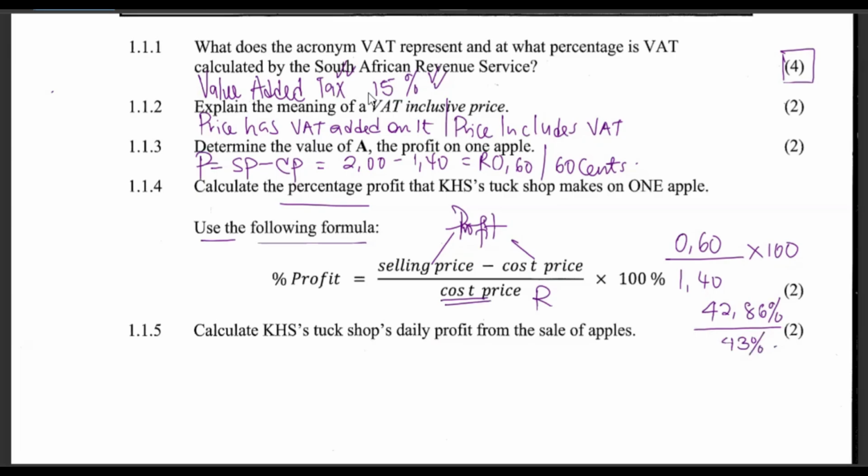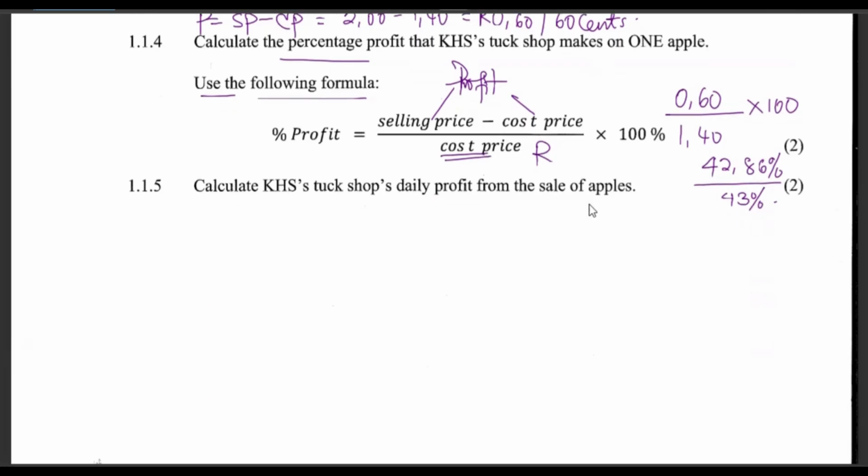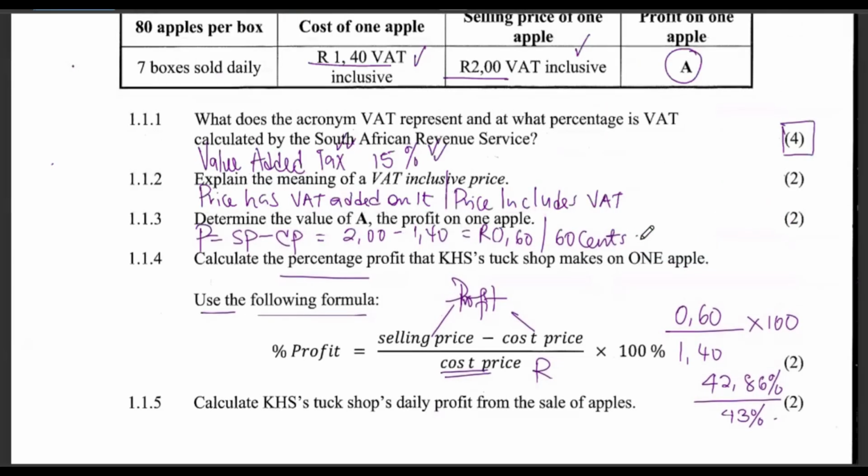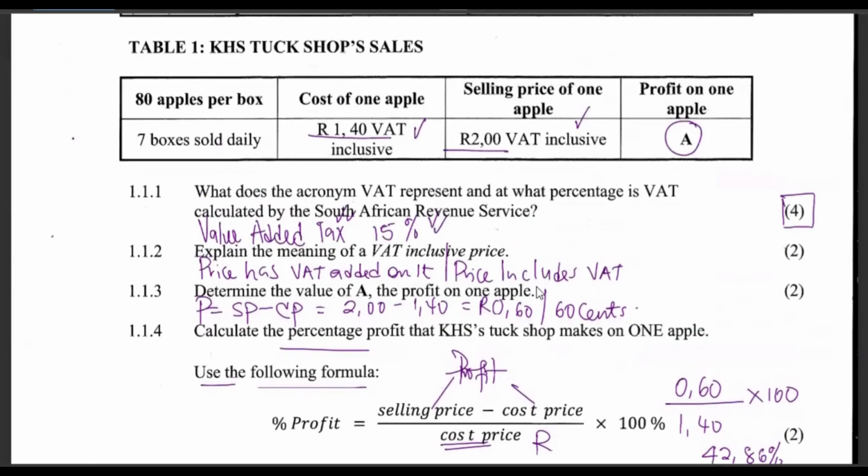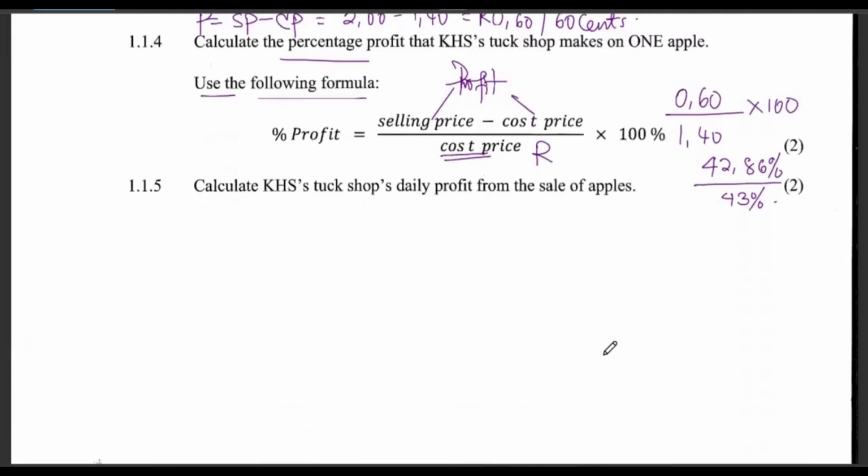Calculate KHS tuck shop daily profit from the sale of apples. Remember, we need to look at daily profit. So how many apples do they sell daily? They sell 7 boxes, and each box has 80 apples. We need to find out how many apples that is, so we say 80 times 7, which is 560.